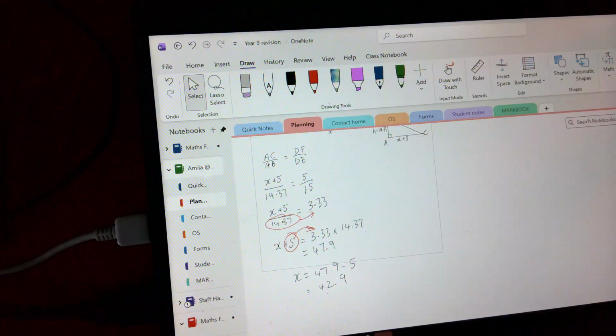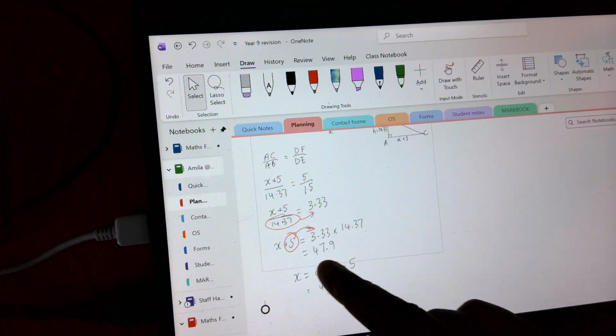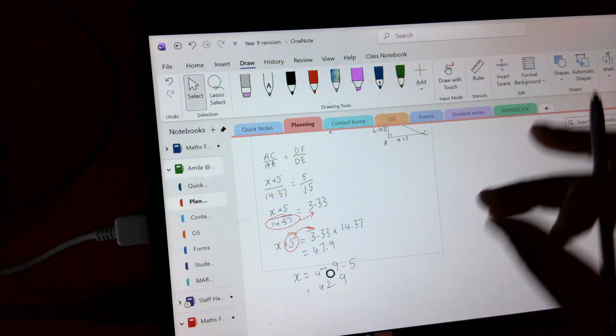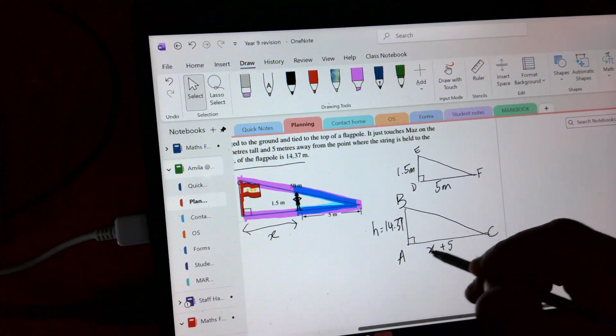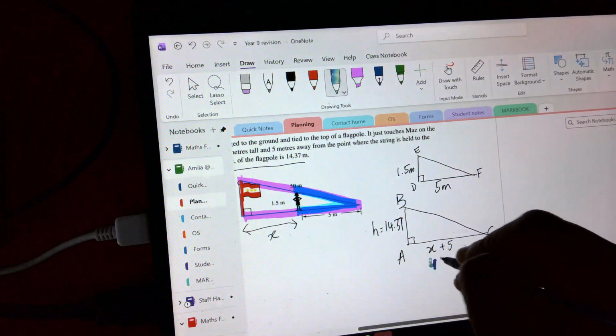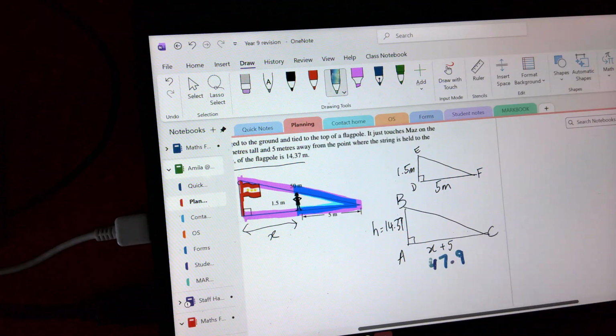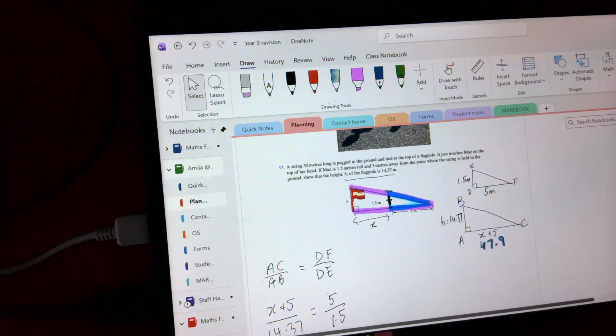Now that I know x is 42.9, I know x plus 5 is 47.9 here. So I'm going to go back to my big triangle and replace this with 47.9, just for the basis of this question, because in the question I want to show that the height is 14.37.